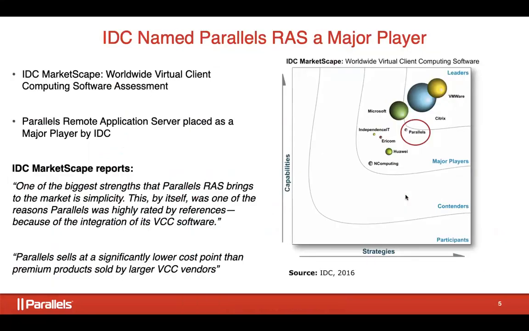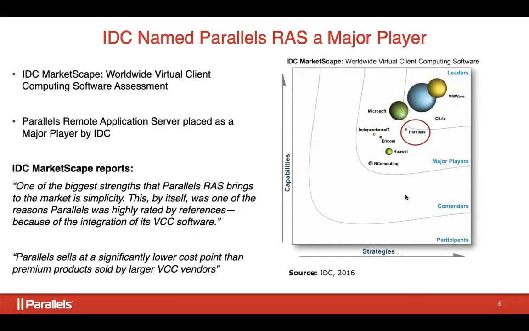The solution Parallels RAS is probably known by some of you as 2X, which started in the year 2005 by a company called 2X, from here in Malta, where we are having our presentation today. The solution was acquired in the year 2015 by the company Parallels, based in the US.